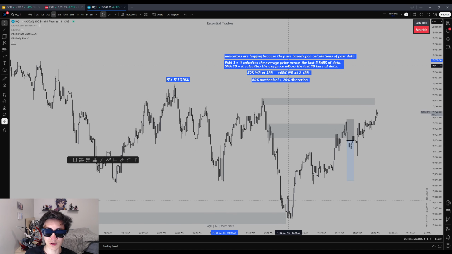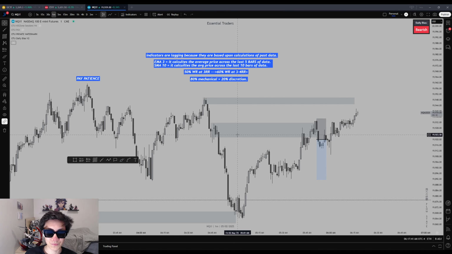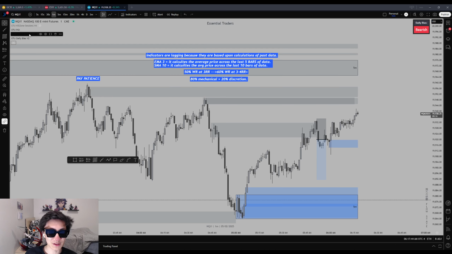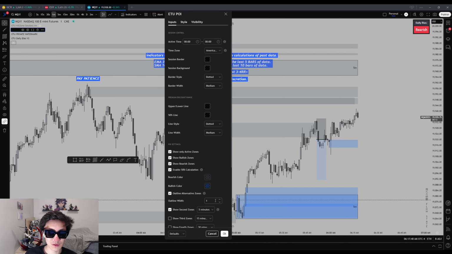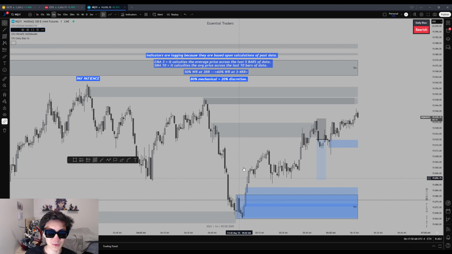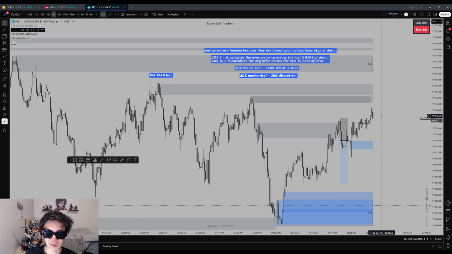It's not easy to program something 100% mechanical. It's really not. Something that may look easy to your eyes actually took probably 100 plus lines of code to program into reality. Like for example, my ETU-PY indicator, this is about 300 to 400 lines of code. It may not look as complex because all you see with your eyes is just drawing visible PYs and zones, right? It looks very simple.